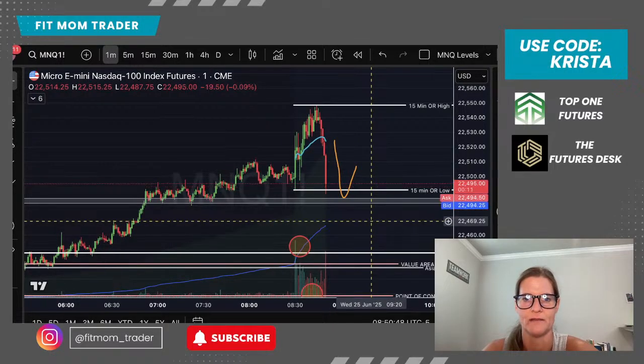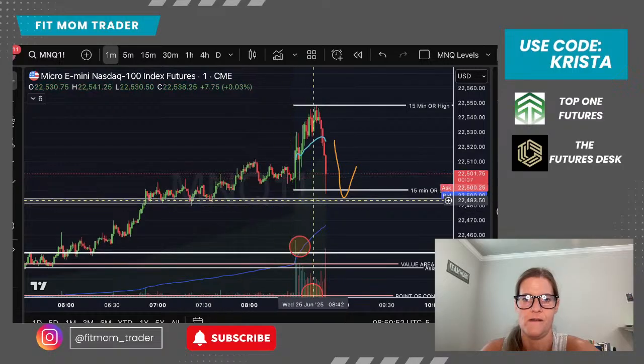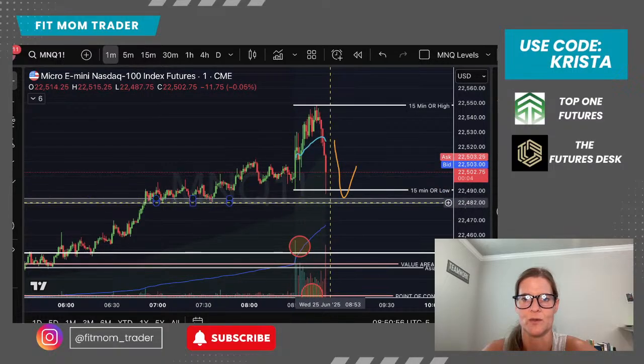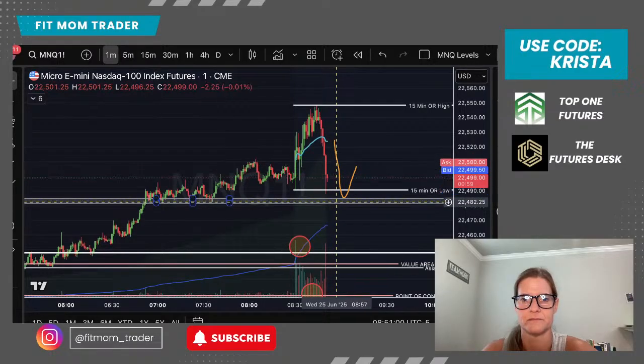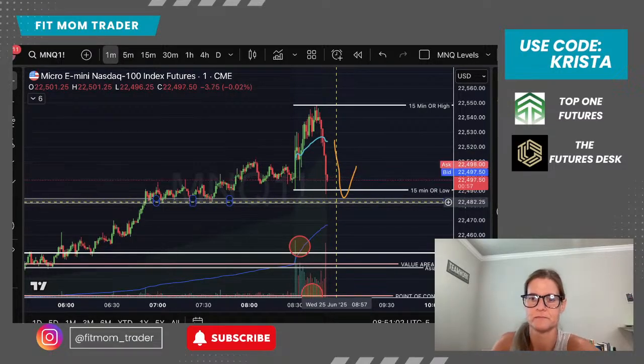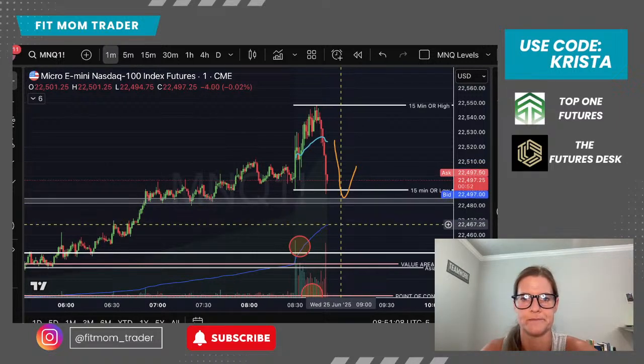Let's see what we get. I'd like to see it come a little bit lower and grab this liquidity. Possibly even come back down to VWAP.